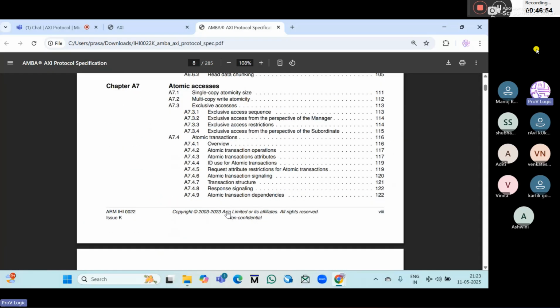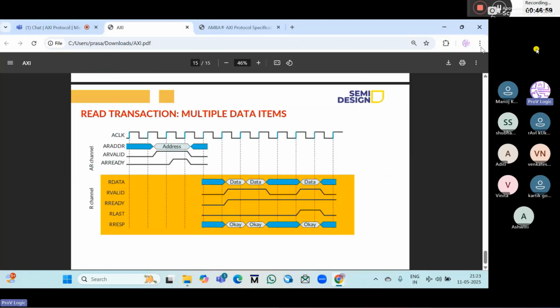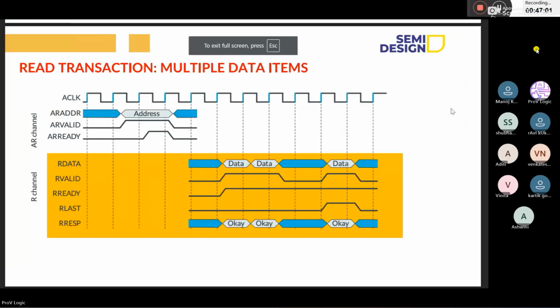Another main important concept in the AXI protocol is multiple outstanding transactions. What does it mean? It means AXI supports multiple transfers before the previous one is completed.